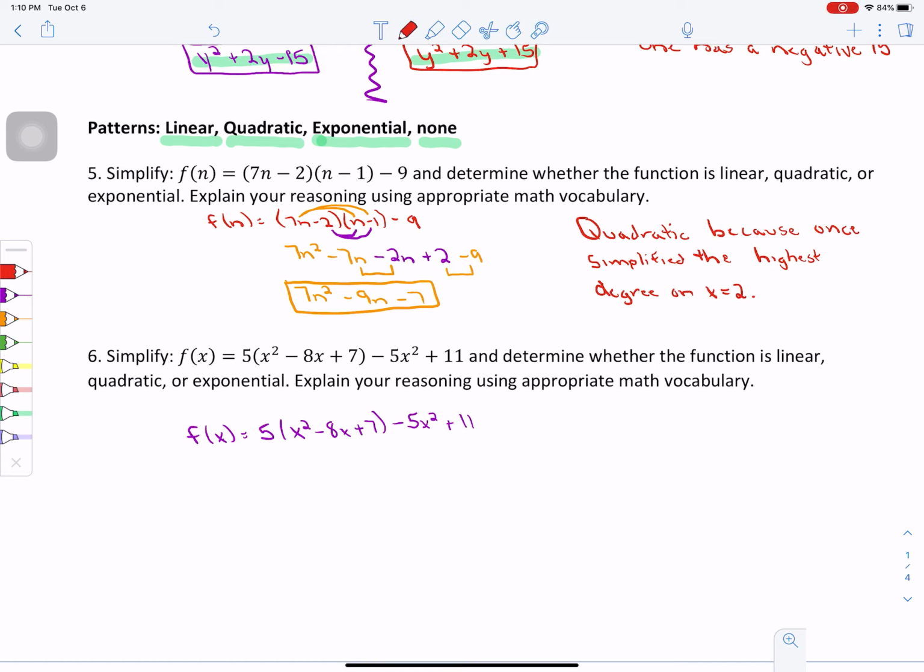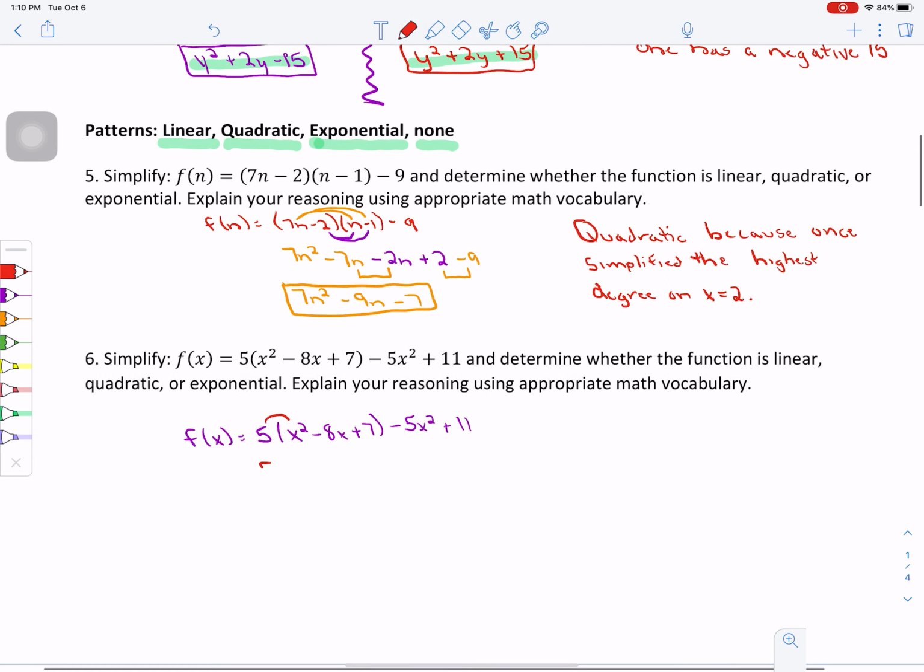We're going to start off by distributing. 5 times x squared is 5x squared. 5 times negative 8x is negative 40x. 5 times 7 is 35. Bring down the negative 5x squared and bring down the positive 11.